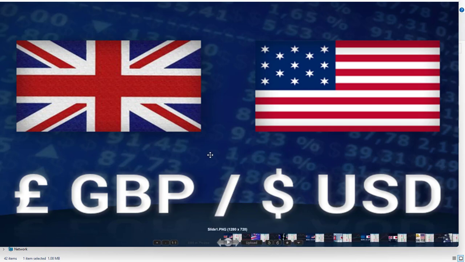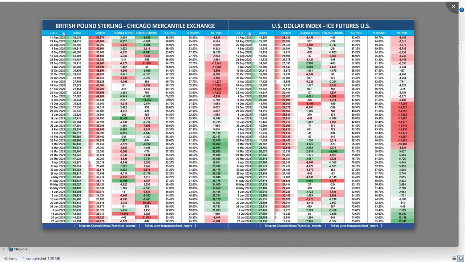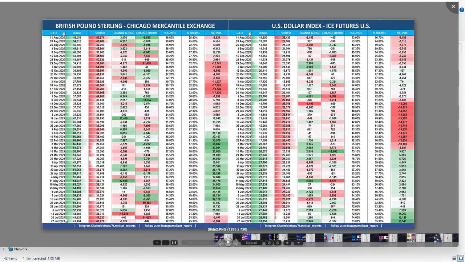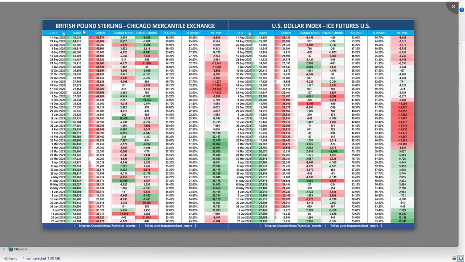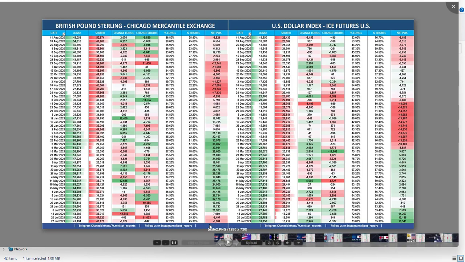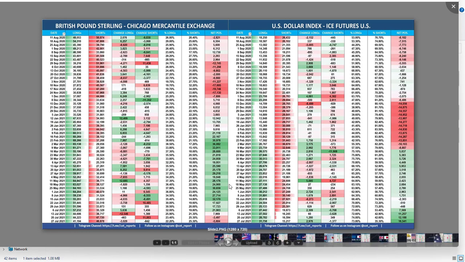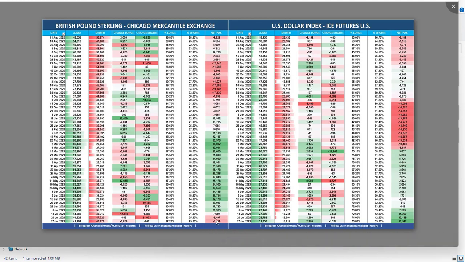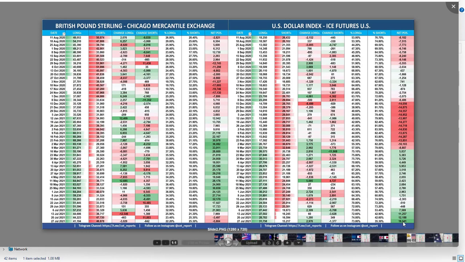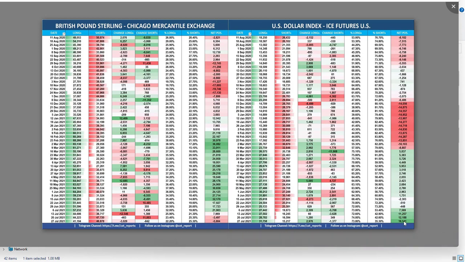I'll be starting with the GBP USD. With GBP USD, this is the COT analysis that we have from Friday, that the British pound sterling, which is GBP, is weak, and as you can see, the net positions are starting to grow on a bearish move, whereas the dollar index is starting to add more net positions on long positions.